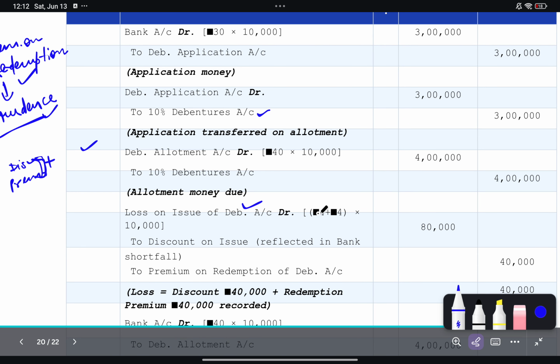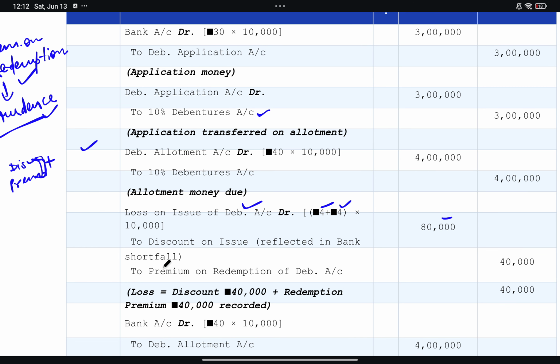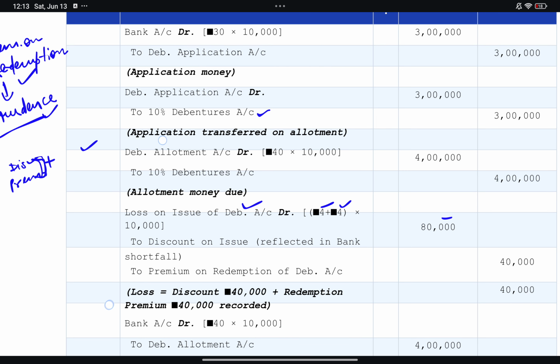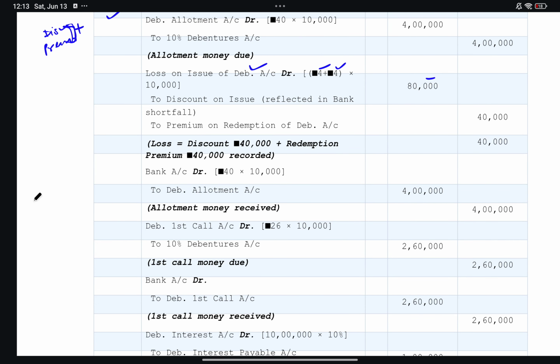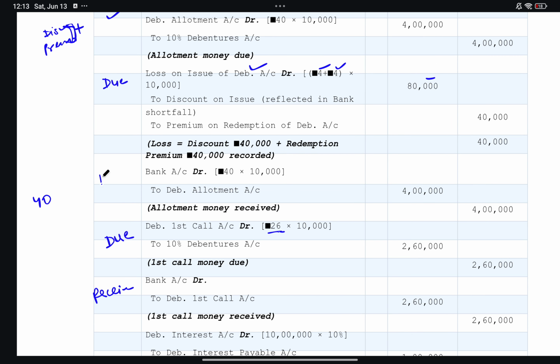This 4% discount plus 4% premium, total 80,000 loss, that is 40,000 discount on issue and 40,000 premium on redemption. Got it? So now we receive allotment, which was of rupees 40, so 4 lakh. First call was of rupees 26. So firstly this will be due, then received.